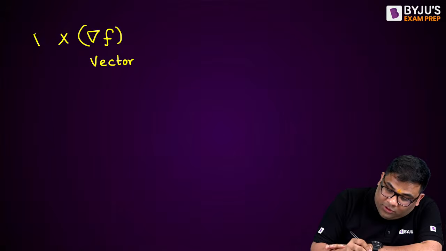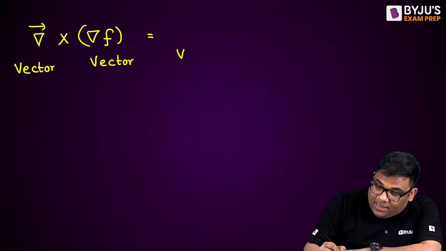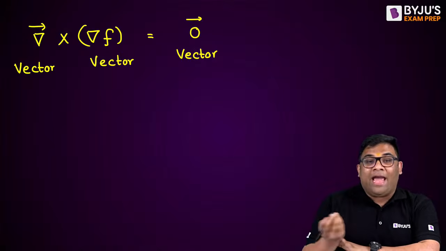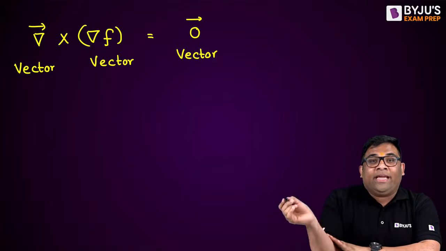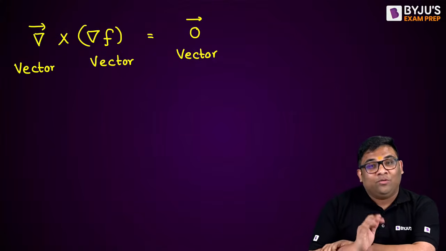When you do a cross product of a vector with another vector, it will give me a vector only, even if it is having 0 value. Therefore it is 0 i cap plus 0 j cap plus 0 k cap. Understood?